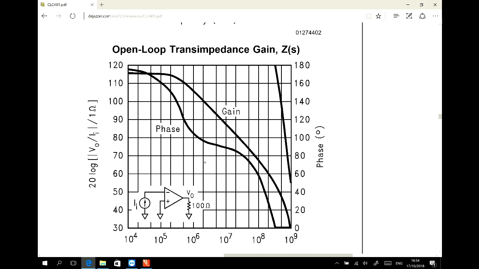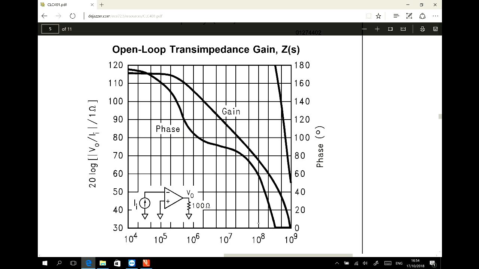So if we look at the 68 and the gain, it is around 10 to the power 8, okay? And then what's the phase? So the phase at 100 megahertz is around 60 degree, okay? So the phase margin is 60 degree at 100 megahertz.